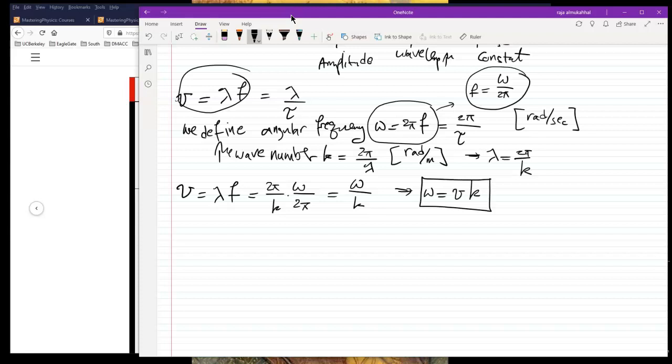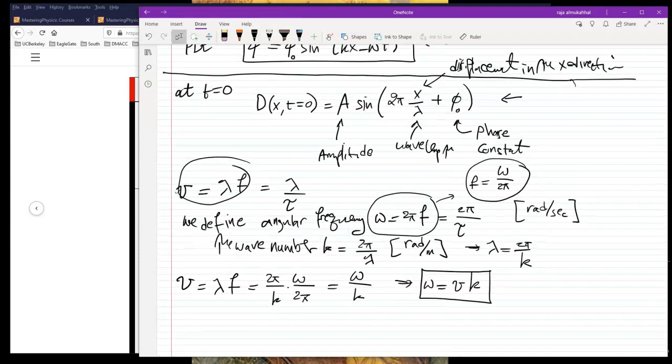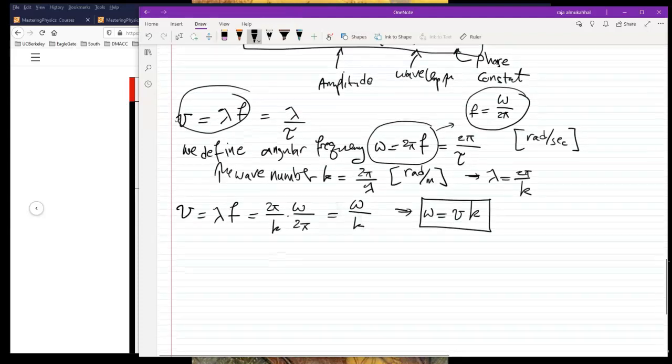Okay? So now, if I go back to the wave equation, the one I've just written right here, it will look something like that.